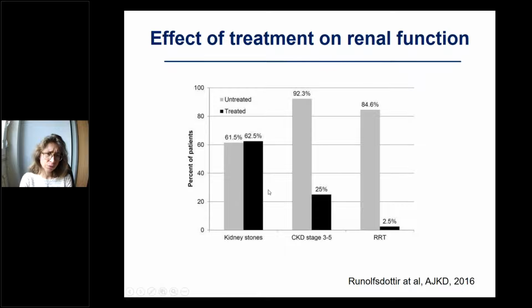So on kidney stones, the treatment doesn't seem so efficient, but on CKD 3 to 5 and in particular end-stage renal disease, you can see that untreated patients have very frequently, in 92% of cases, some chronic kidney disease compared to only 25% of patients in treated patients. And renal replacement therapy is very rare, finally, in treated patients, but very frequent in patients without any treatment.